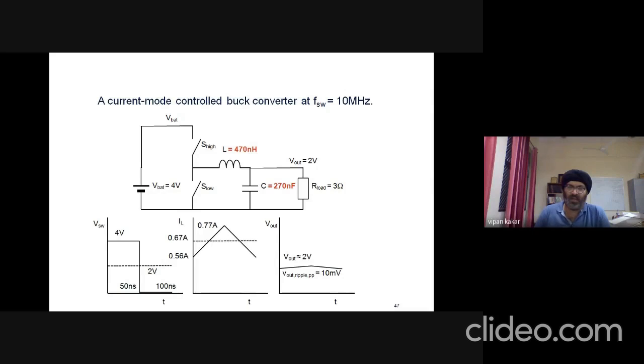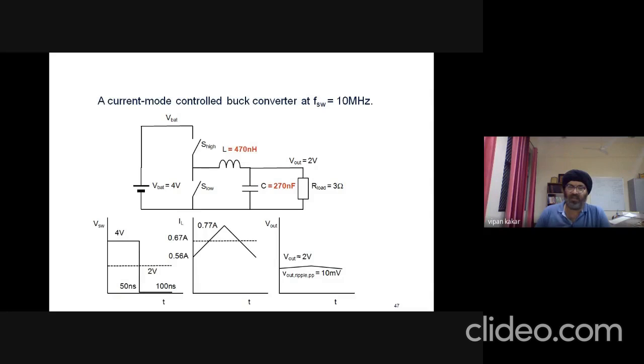Now, again, you can compare it with the previous case of 100 kilohertz. The turn on time was in microseconds. Now the turn on time is in nanoseconds, as well as the turn off time. So we have shifted from microseconds to nanoseconds because we want a higher switching speed.